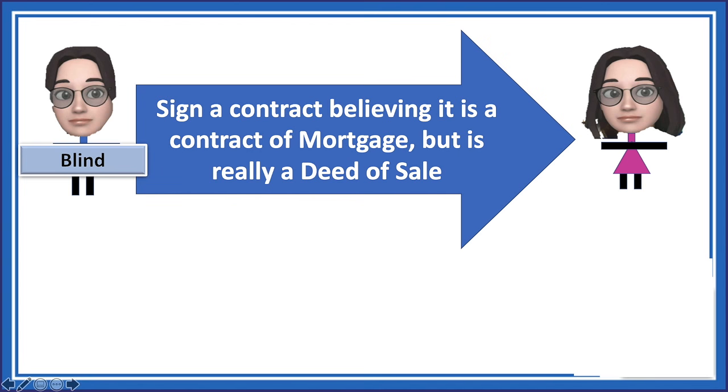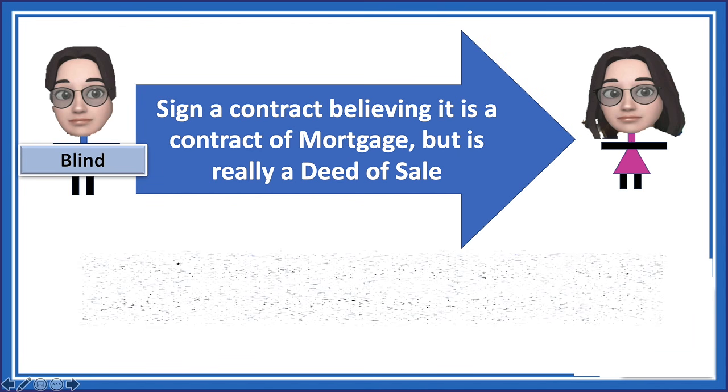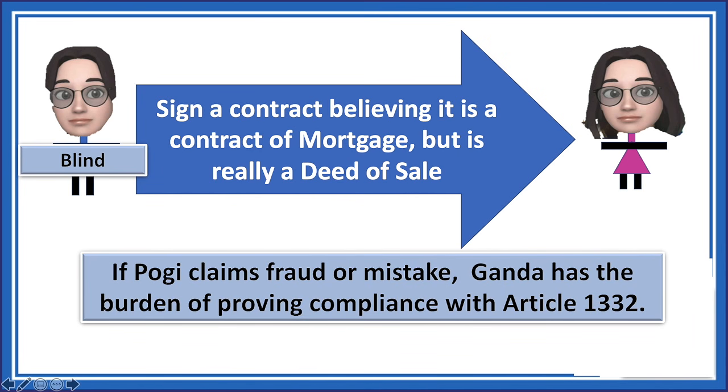And so, if Pogi claims afterwards, nag-allege siya ng fraud or mistake, then Ganda has the burden of proving that she did not take advantage of her situation or position, and that failure to do so, kung hindi niya ma-prove that she did not take advantage of the situation as a relative of Pogi who is blind, the deed of sale can actually be annulled.